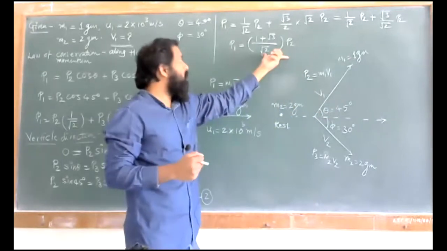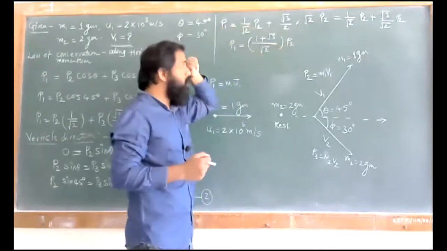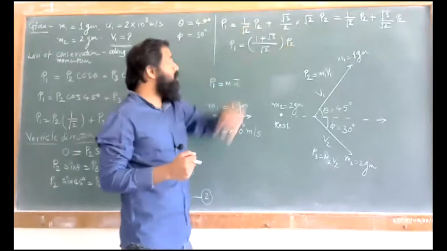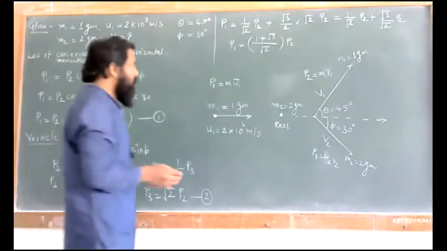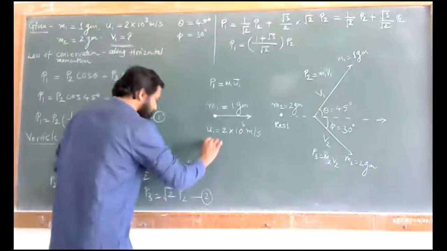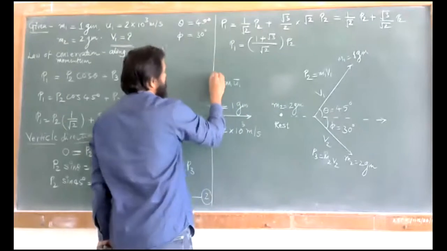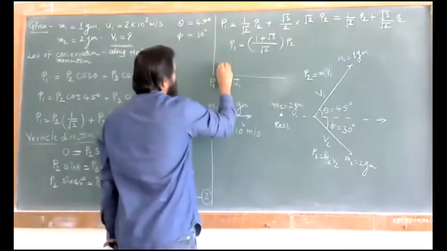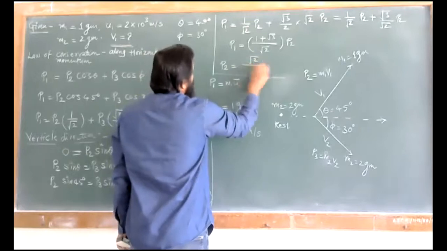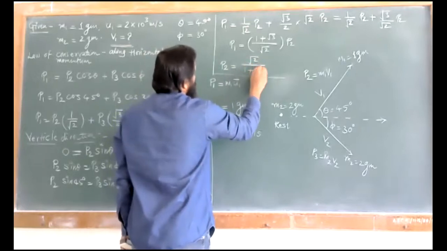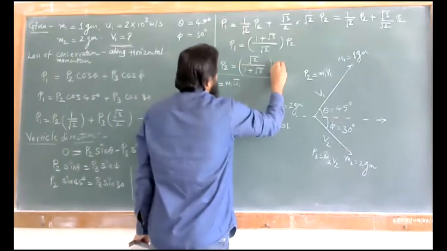What do we have to do here? We have to put the values in this equation, and from it we have to change the value of P2. How can we write it? Just write it as it is. So P2 is equal to root 2 divided by 1 plus root 3 times P1.